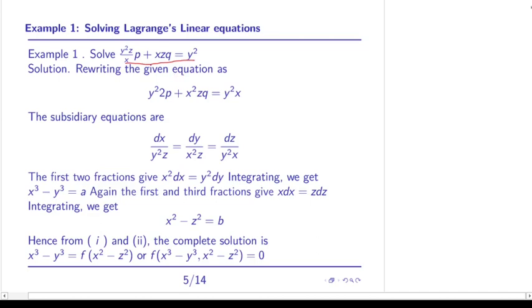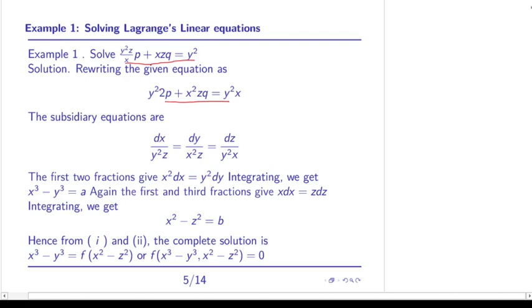By mere examination, we can rewrite this question a little bit, or you can multiply all terms by x so that you get a neater differential equation like this: y² z p + x² z q = y² z. So this is actually z, not 2.